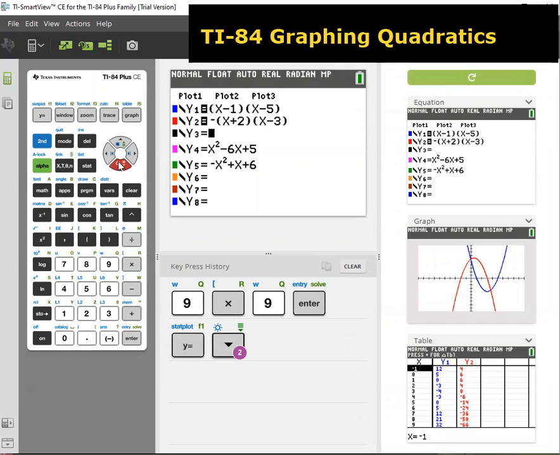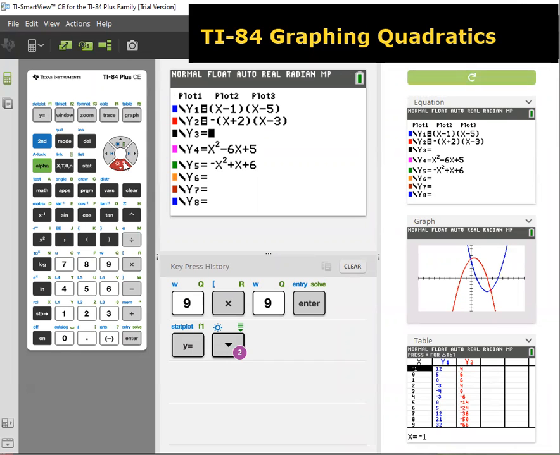And you can see here that I've entered the equation in factored form, and then also down below in standard form. So equation 1, x minus 1 times x minus 5, is the same equation as x squared minus 6x plus 5.